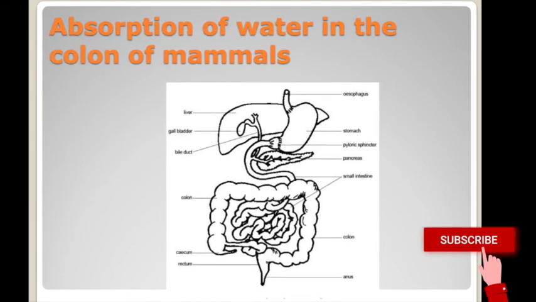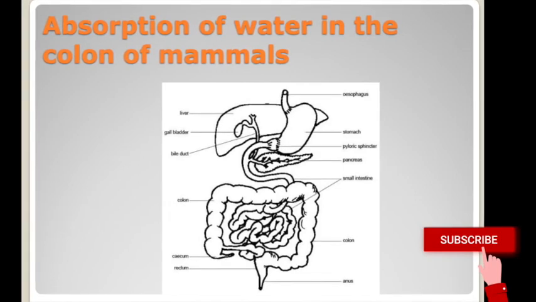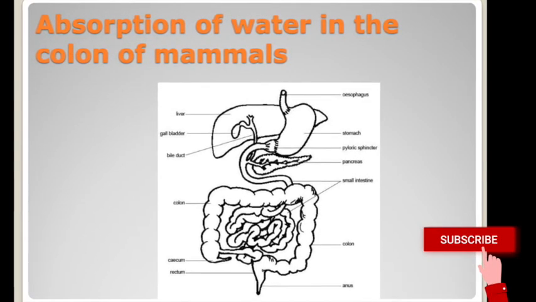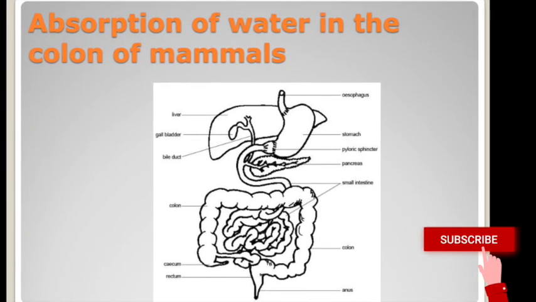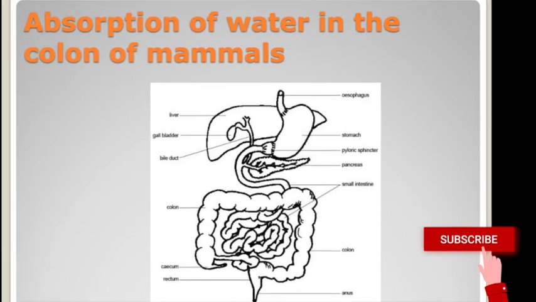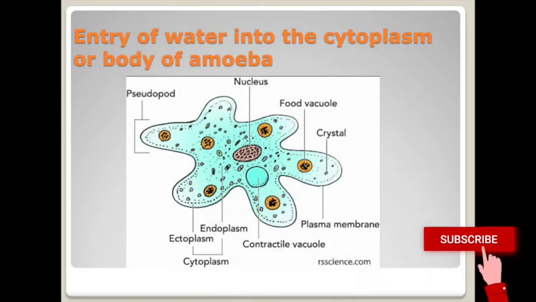In the colon, there is reabsorption, just like I explained with respect to the kidney tubules. Here too, the same happens. There are blood capillaries there. They will reabsorb some of the water back into our system, so as our system will have enough in its body.